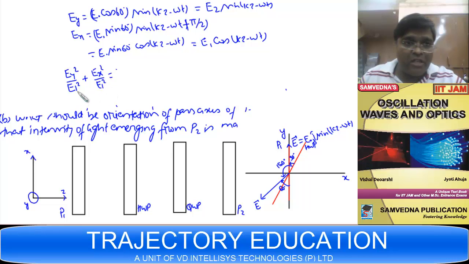This will be E1 square plus E2 square equals 1. So this will be elliptically polarized light, with the same major axis.